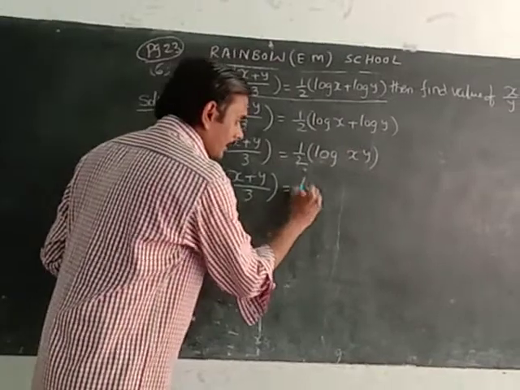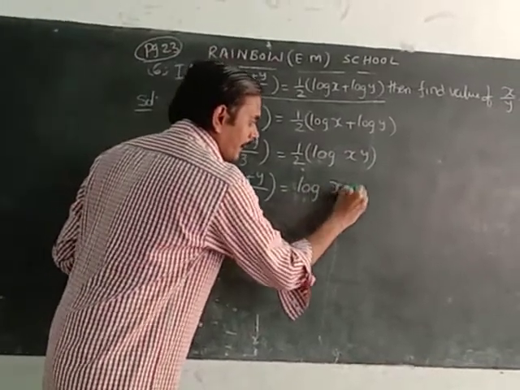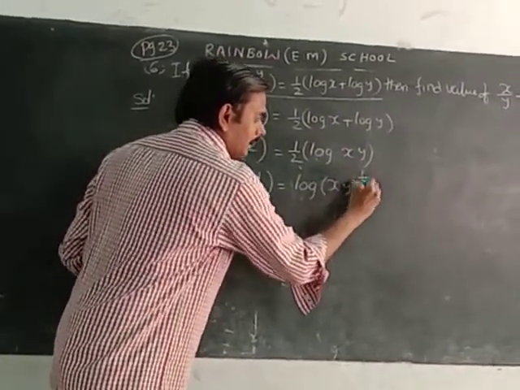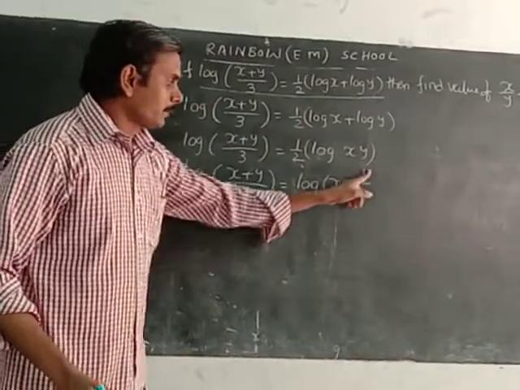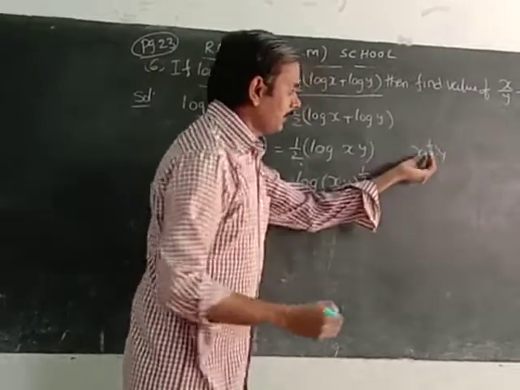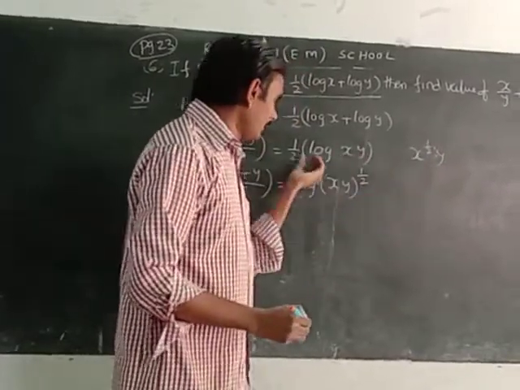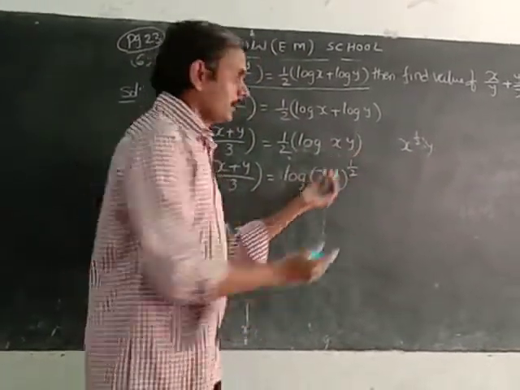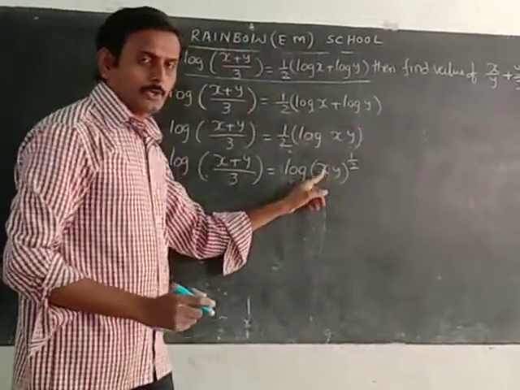So we can write log x power m, which is x to the power 1 by 2. Don't write it only individually, because here 1 by 2 is related to xy.